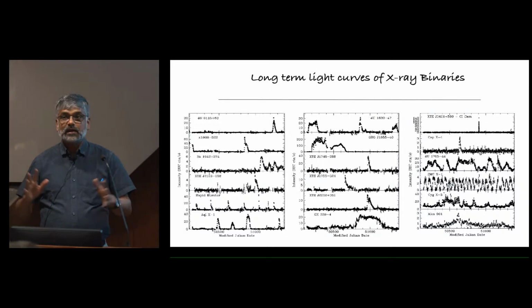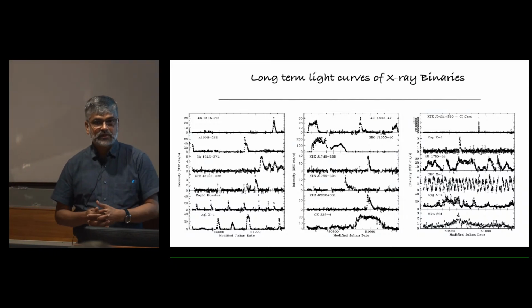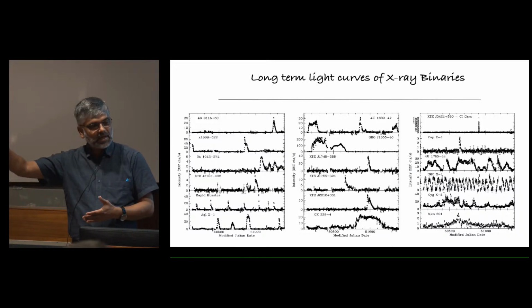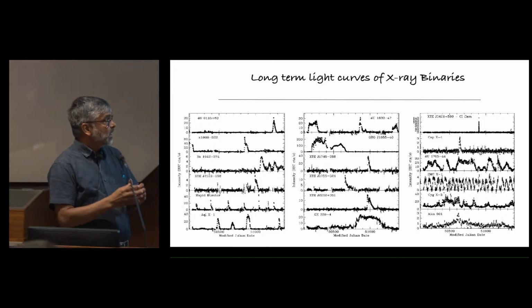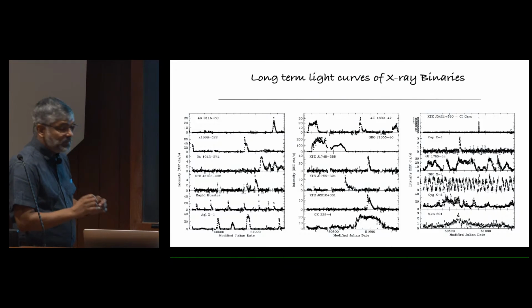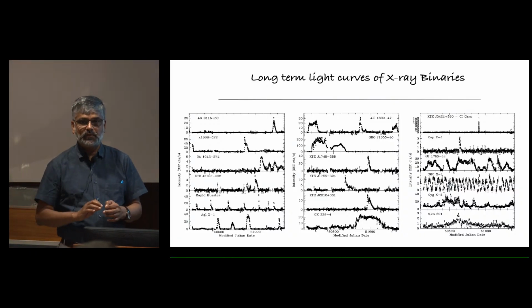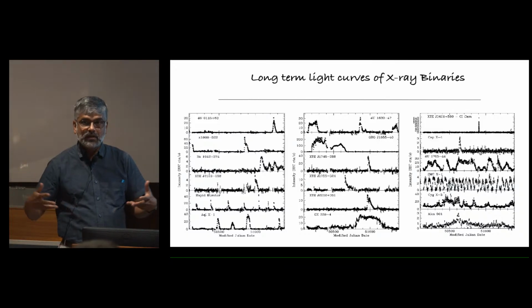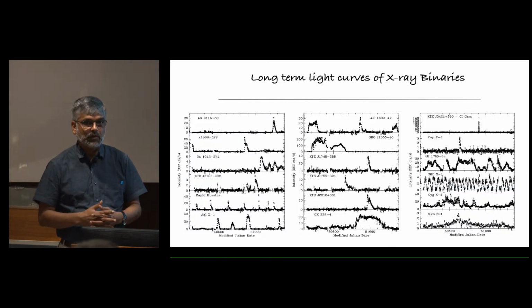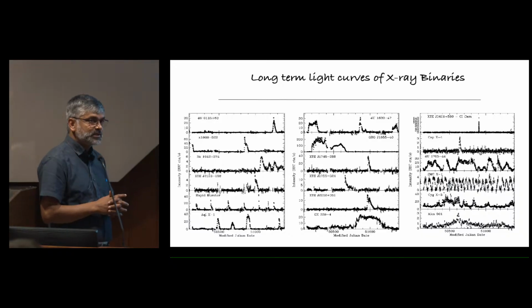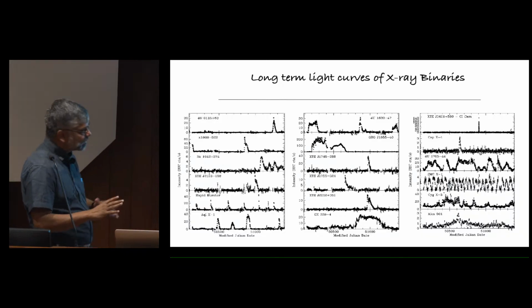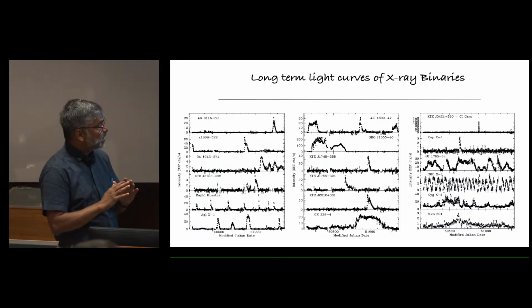There are several hundred bright X-ray objects in the universe, in our galaxy and nearby galaxies and further away galaxies. Many X-ray sources, or a large fraction of them, are actually highly variable, because they are powered by accretion. The accretion itself is not a stable phenomenon. They are powered by accretion, and there are other related processes.